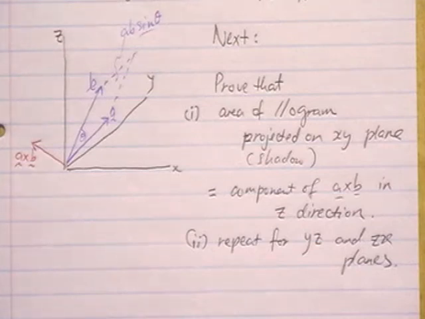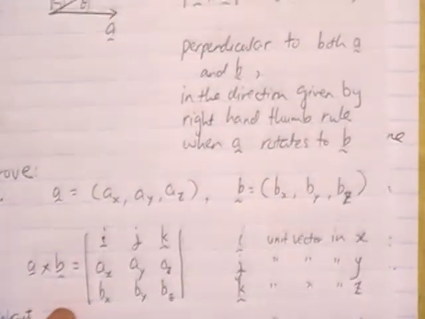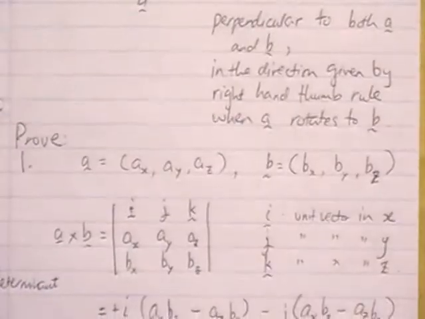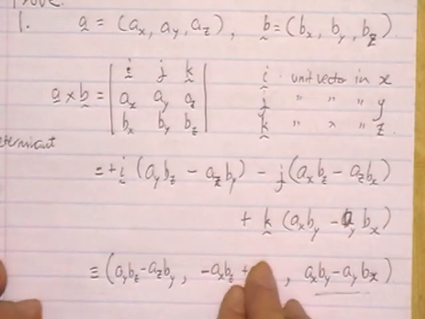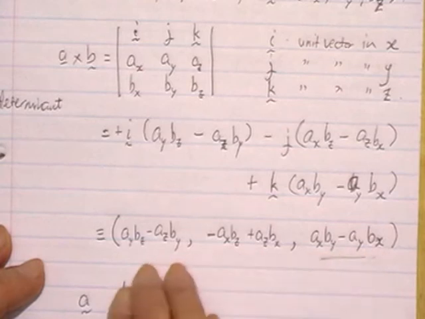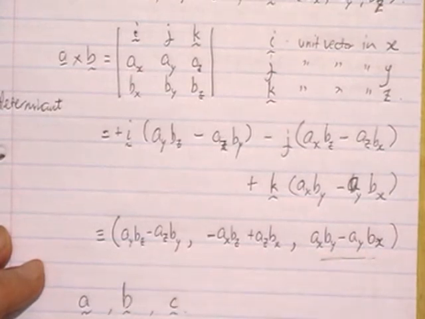If you look back at the property itself that we want to prove, we have this formula. We want to prove that the cross product is given by this formula.